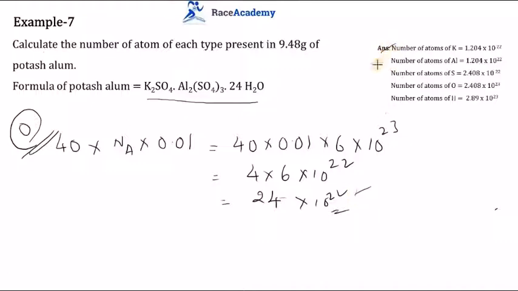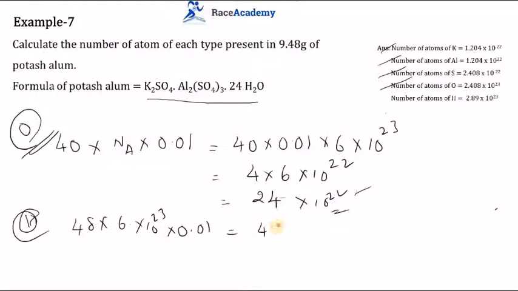So we calculated potassium, aluminum, sulfur and oxygen. Now see the case of hydrogen. How can we calculate the hydrogens in this alum? The total number of hydrogens is 48. So 48 into Avogadro number 6 into 10 to the power of 23 into the number of moles of alum we calculated, 0.01.